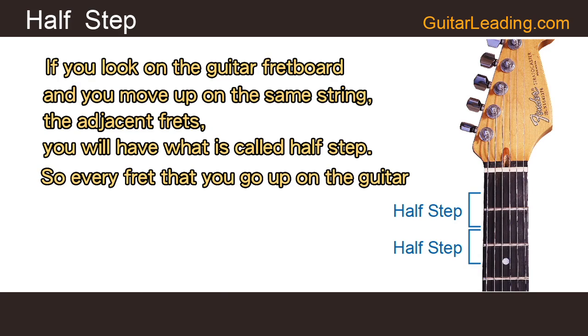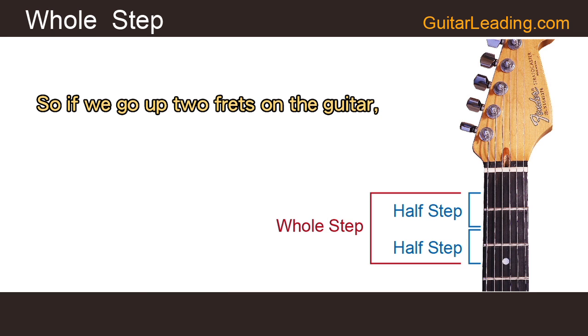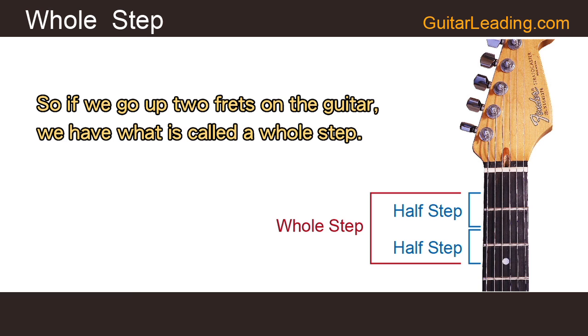So every fret that you go up on the guitar is a half step apart. The whole step is simply two half steps apart. So if we go up 2 frets on the guitar, we have what is called a whole step.